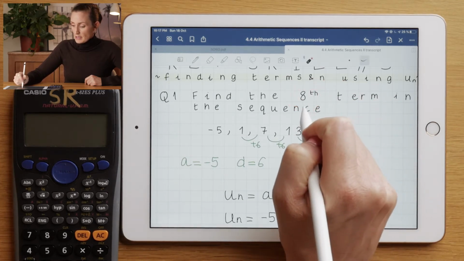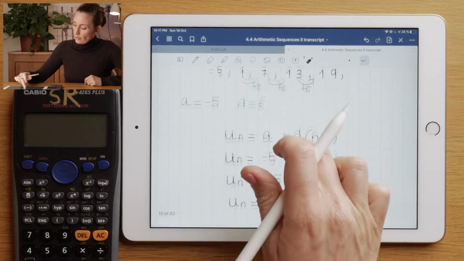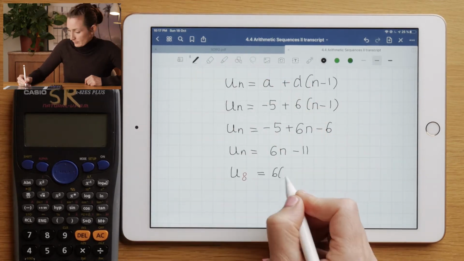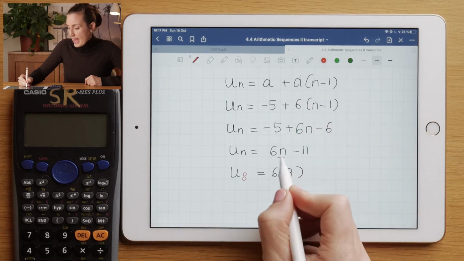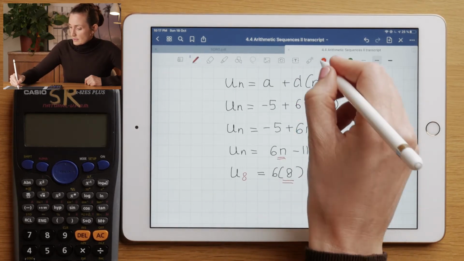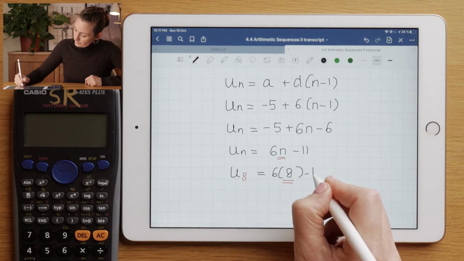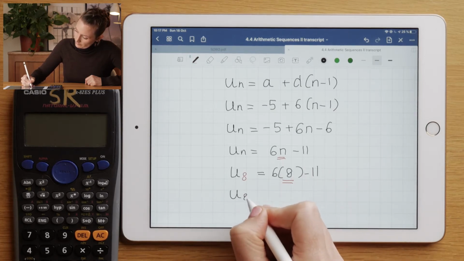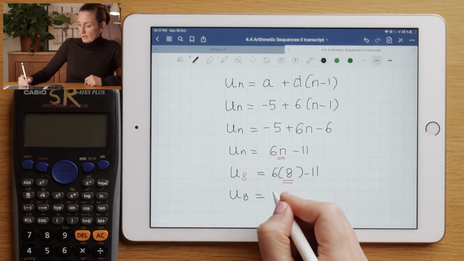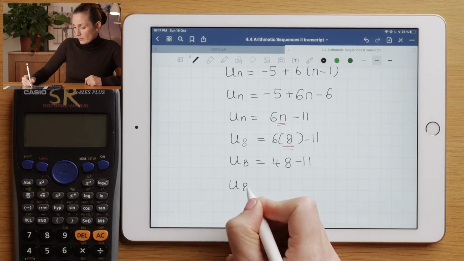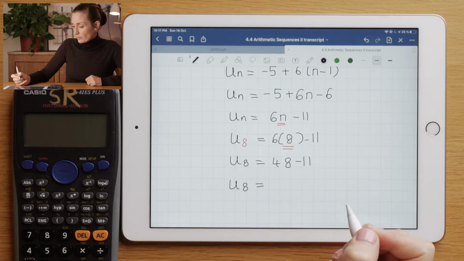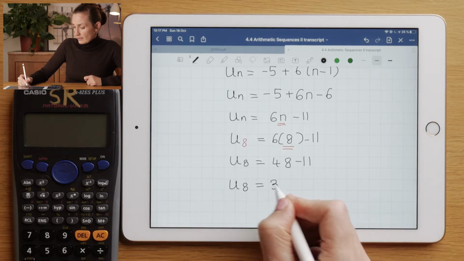So in this case we want U8, or the 8th term. So wherever I had n, I've replaced it with 8. So 6 times 8 is 48, and then we take away 11. So the 8th term would be 37.